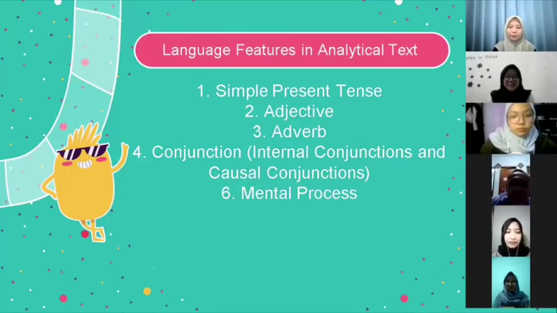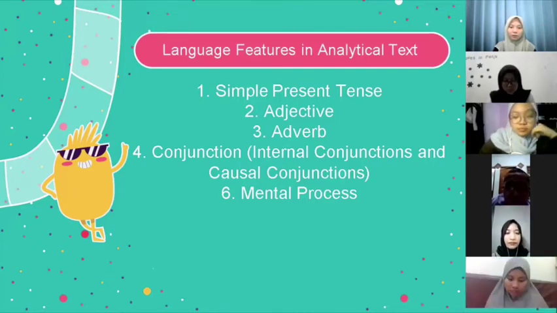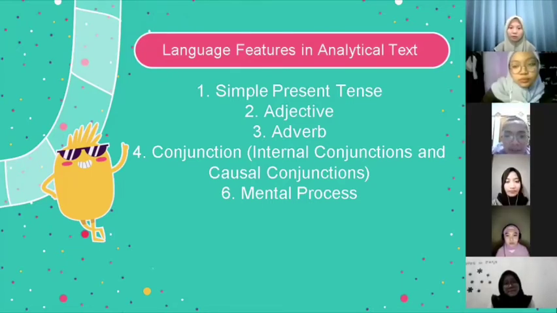In analytical text, there are 6 language features. Number 1 is simple present tense. The example of simple present tense is like she eats, I talk, and etc. Number 2 is adjective.